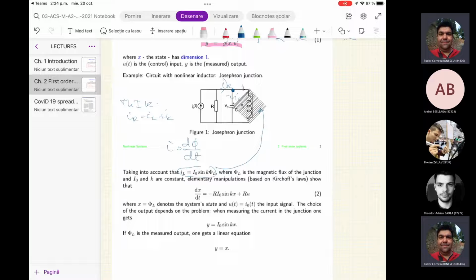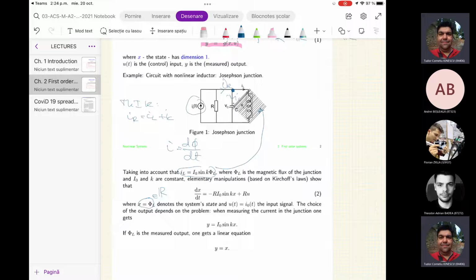This is a first order scalar differential equation, because x, which is phi L, belongs to the real set, and I0 is the input signal, given by this current source here.